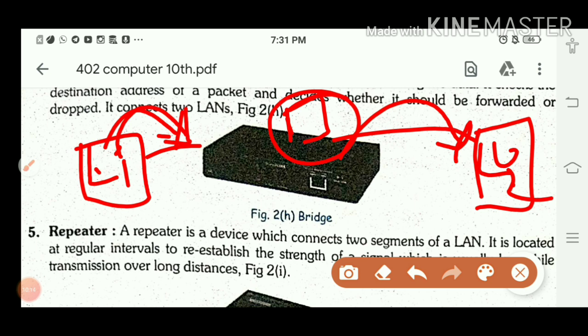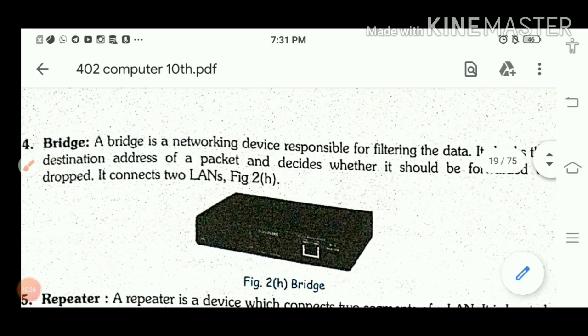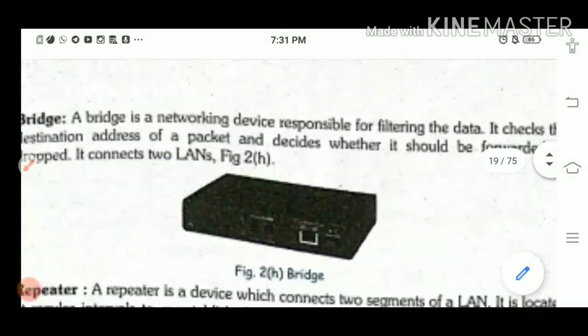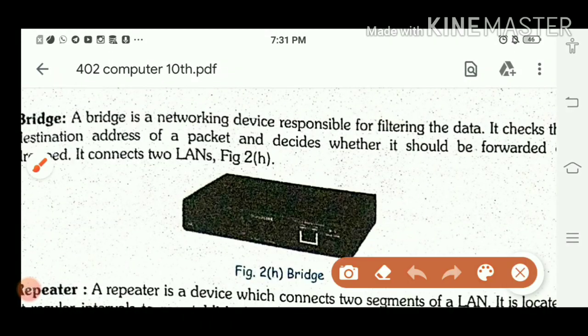And if this packet is not appropriate, the data is corrupted, then it will drop this packet here only and will not deliver it to LAN 2. Understood? Okay. So what is the function of the bridge? The bridge is a networking device that is responsible for filtering the data.